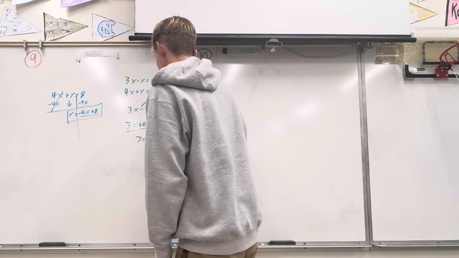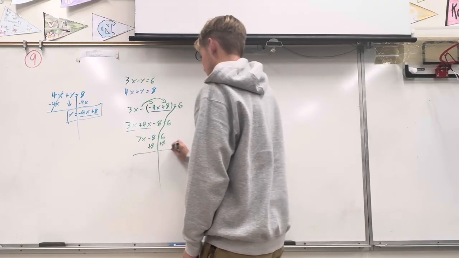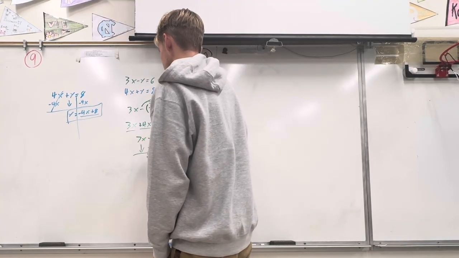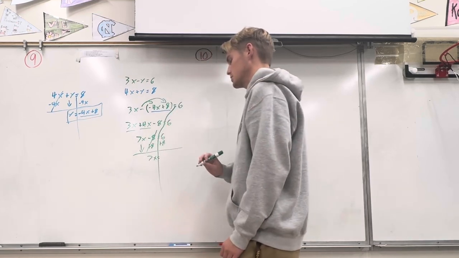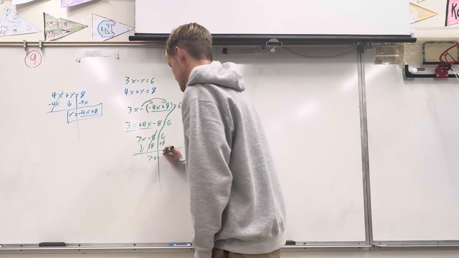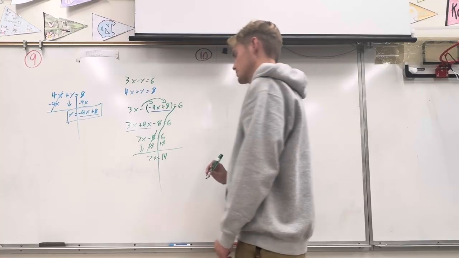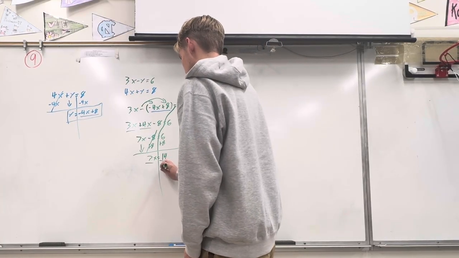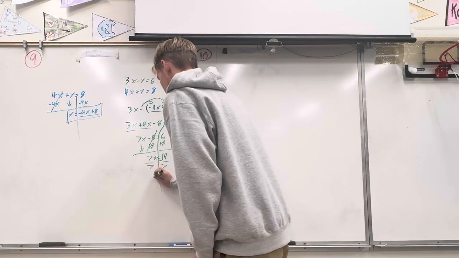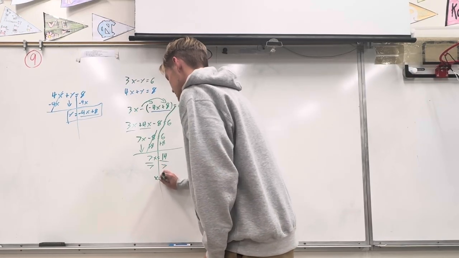So we add 8 to both sides. We drop down 7x, we get 7x equals 8 plus 6, that's just 14. Lastly, we divide by 7. We get x equals positive 2.